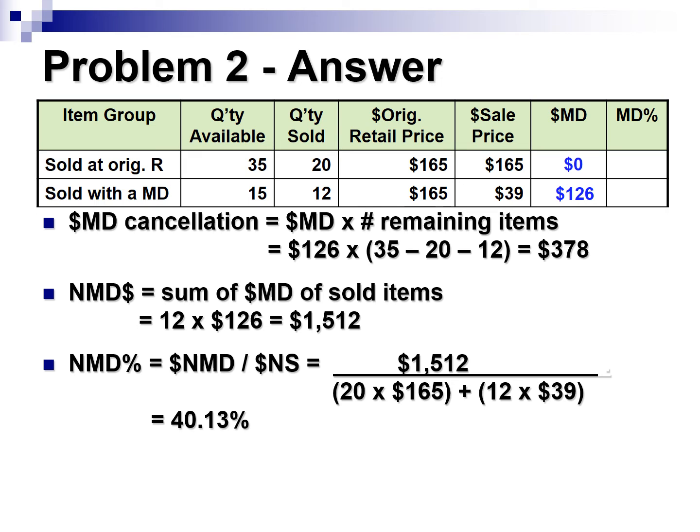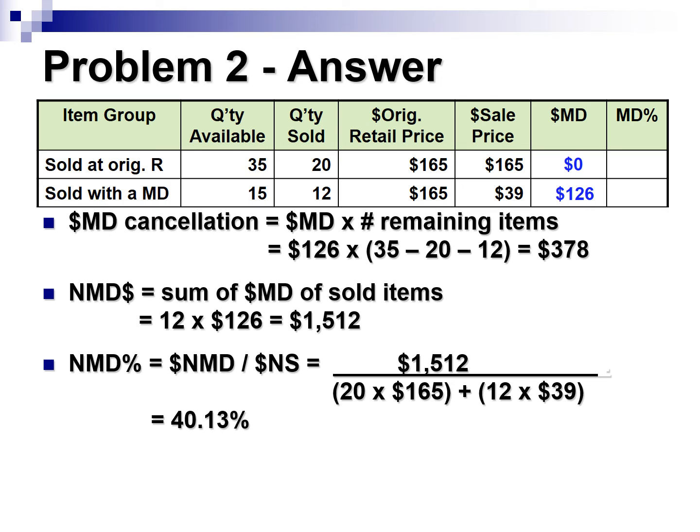Now net markdown percent is net markdown dollar divided by net sales. Net markdown dollar we already know, but net sales have to be calculated. We have sold 32 units overall, and the first 20 units were sold at the regular price, so 165 times 20. 12 units were sold at the sale price of 39, so that would be 12 times 39.